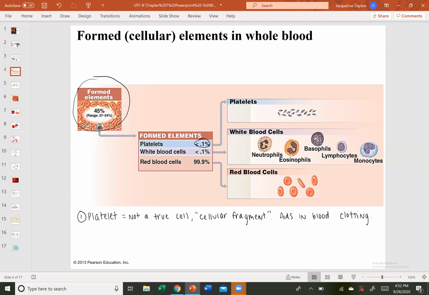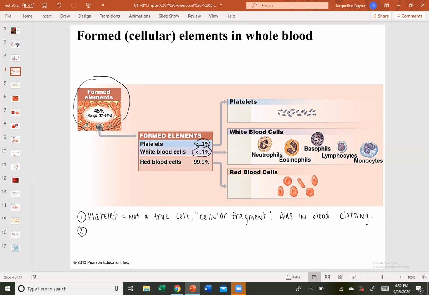Now, the second major blood cell you're going to see inside of the blood is called a white blood cell, okay? A white blood cell accounts for, again, less than 0.1%. While the number is very few for white blood cells, these are very important.